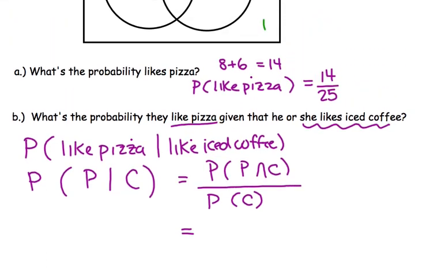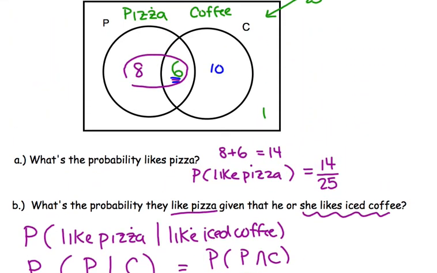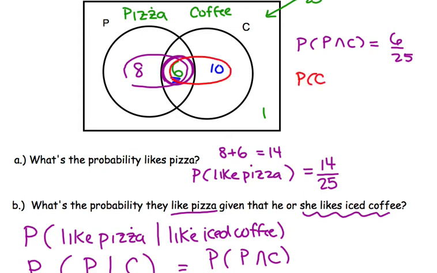How many students like both? So here's your intersection. So the probability of A, probably shouldn't use A, I'm so used to using A. Probability of pizza and coffee. There are 6 out of 25 students. Then we have to find the probability of our coffee. How many students like coffee? There are a total of 16 out of 25.